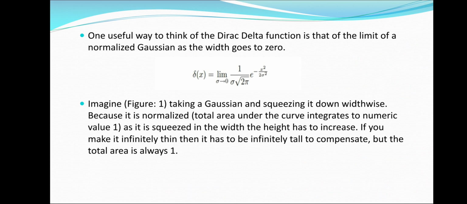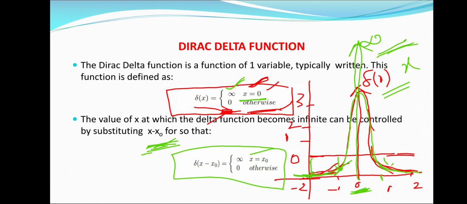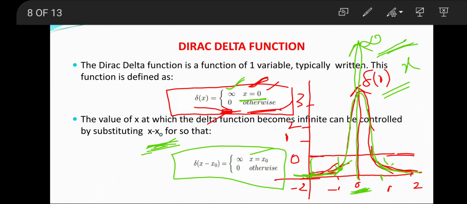One useful way to think of the Dirac delta function is as the limit of a normalized Gaussian as the width goes to 0. When the waveform is compressed, it becomes very thin: its width decreases and its height increases.